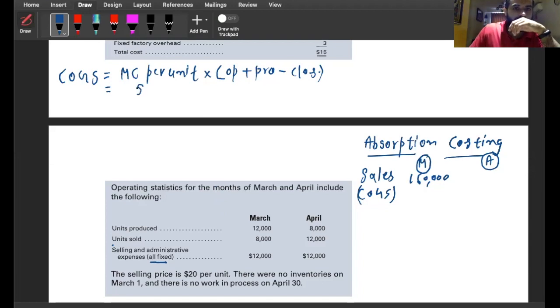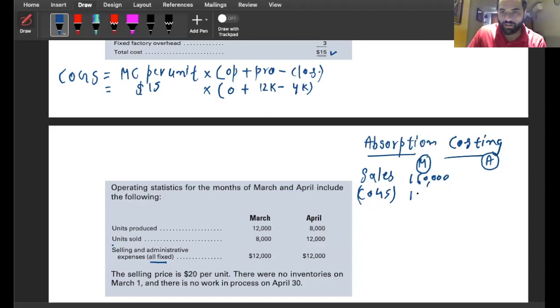Yes, it's very clear, 15, which is here. All right. Multiply by how much is opening for March? 0. Plus how much we produced? 12,000 minus how much is closing? 4. So which is 8. 8 multiplied by 15, how much is your cost of goods sold? 120,000.